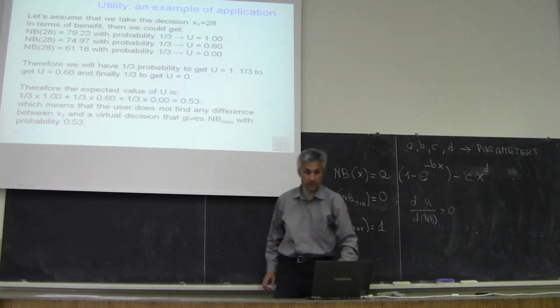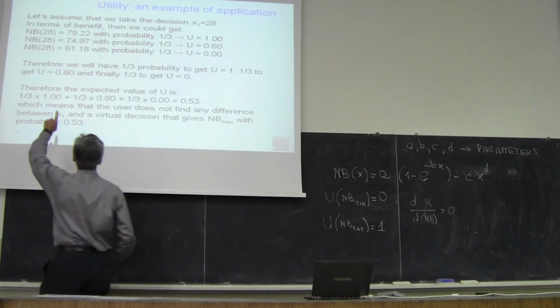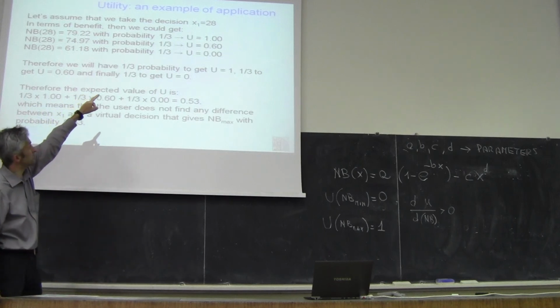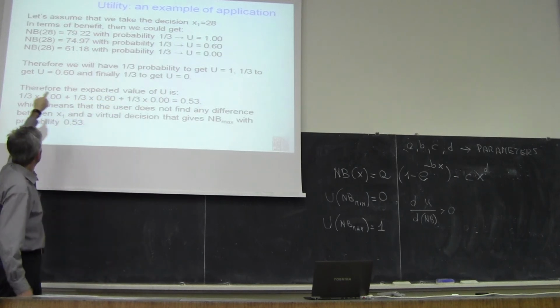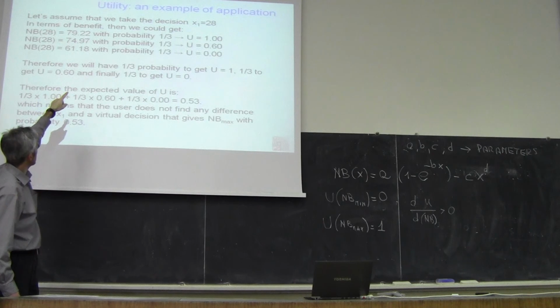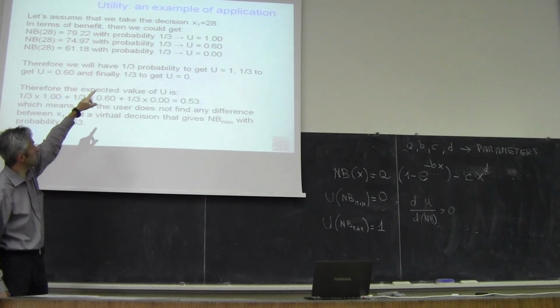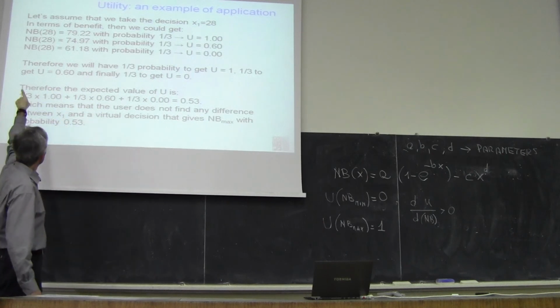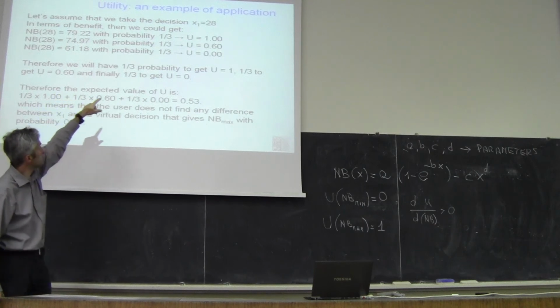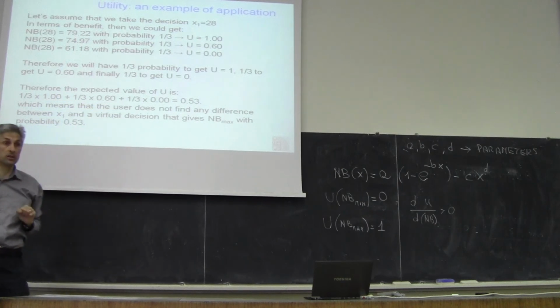So we have 79.22 with probability 1/3, utility 1. 74.97 with probability 1/3, utility 0.6. 61.18 with probability 1/3, utility 0.